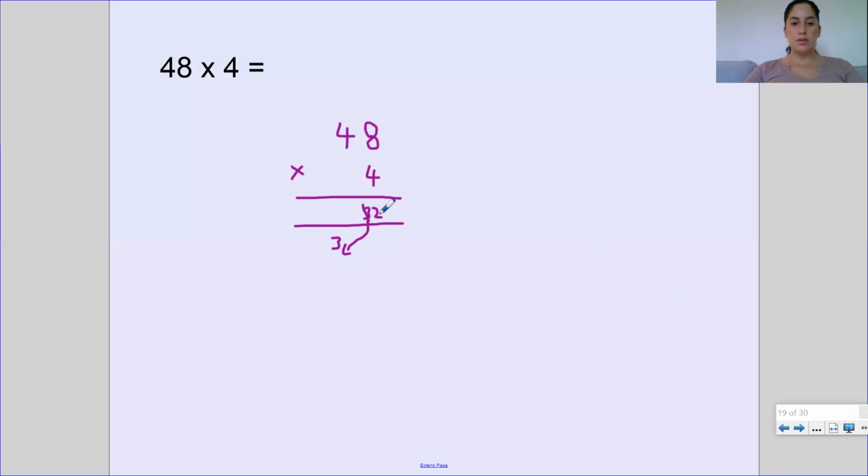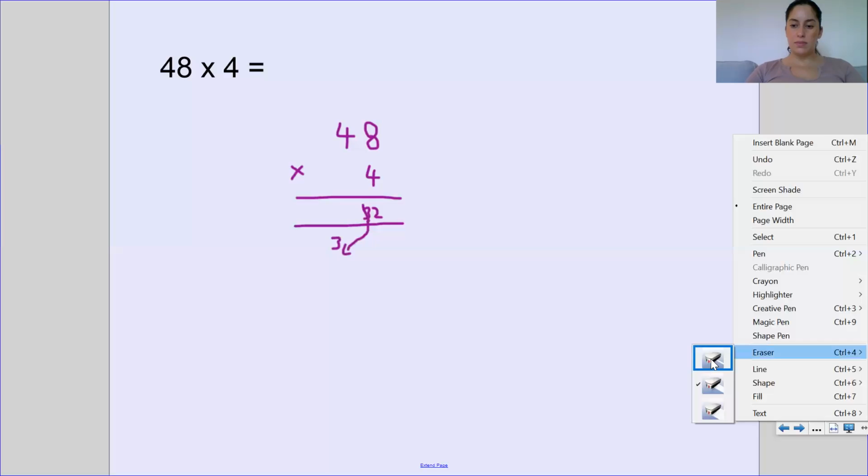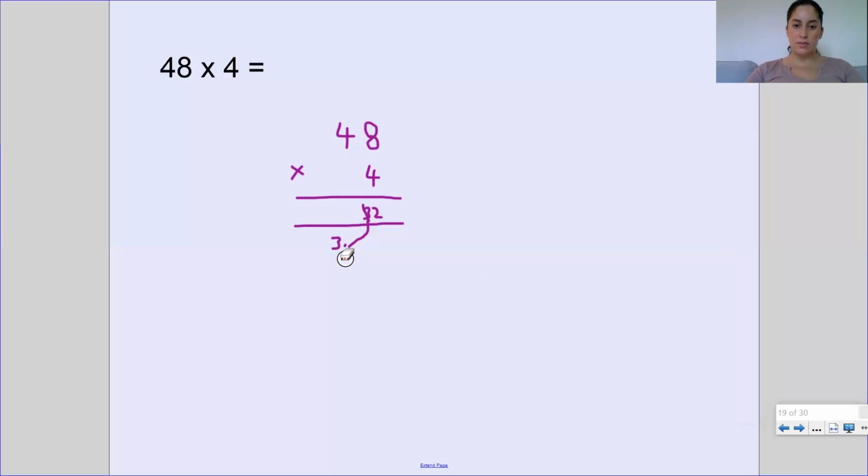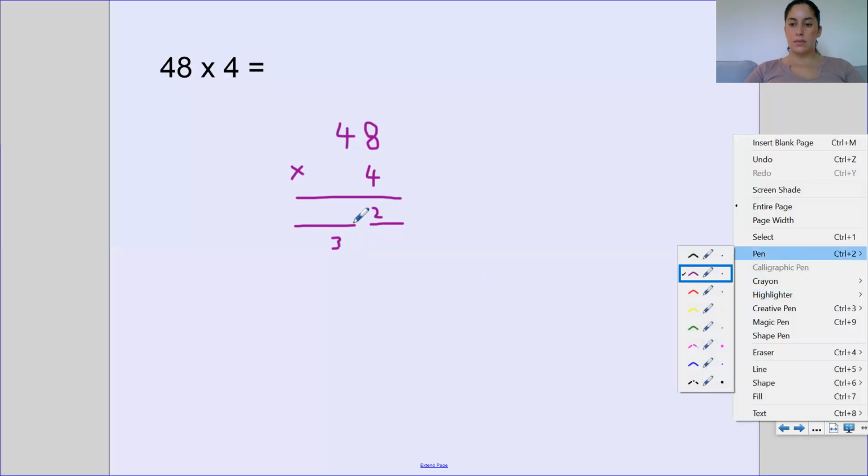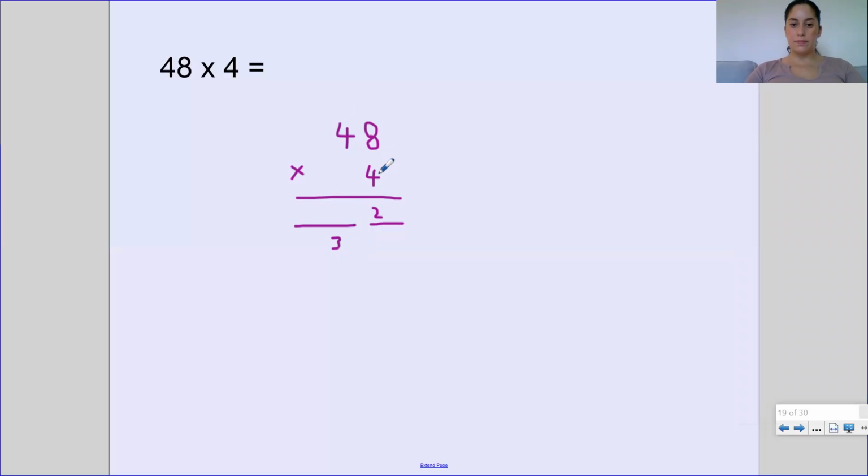So 32, I can keep the ones in the ones column, and I've exchanged the 3 tens into the tens column. I'm just going to erase this so it doesn't get confusing. Okay. Then I can move on to multiplying my tens.